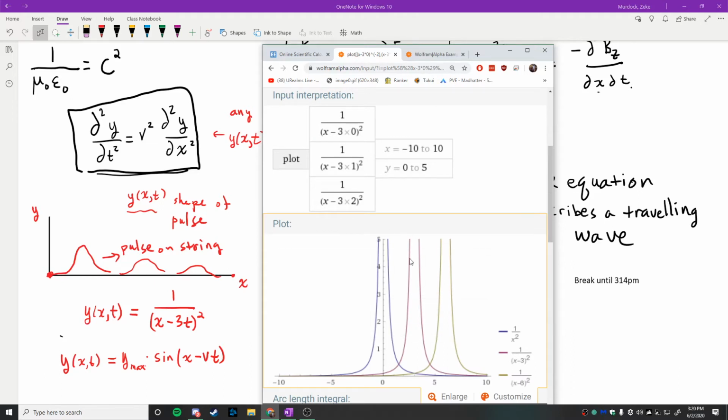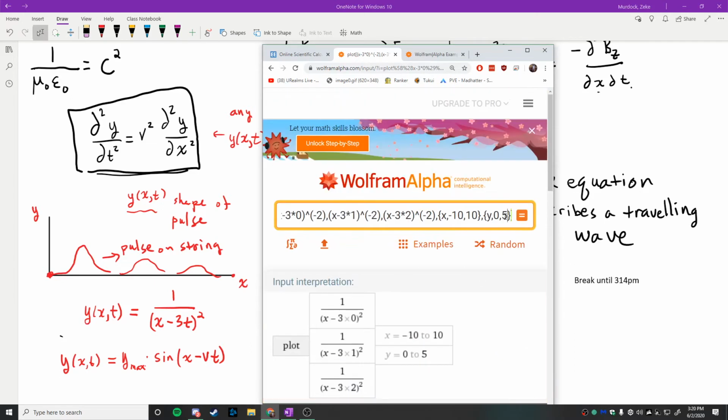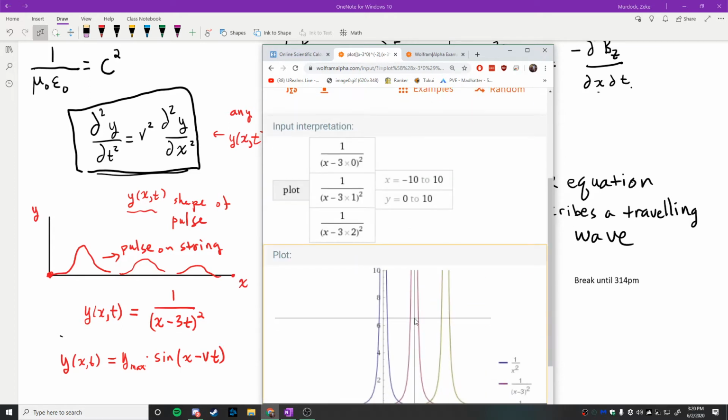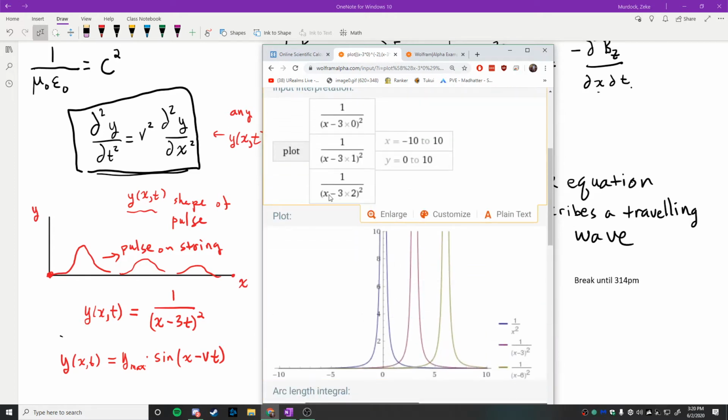It's getting better. At some point, these things are going to turn over, so we go from 0 to 10. I guess I could just calculate the maximum value of the function. Is it infinite? Maybe it's infinite, yeah? Because if you put x equal to 0 here, you get infinity. Okay, so it's an infinite spike, but whatever. Okay, right. I'm being silly.